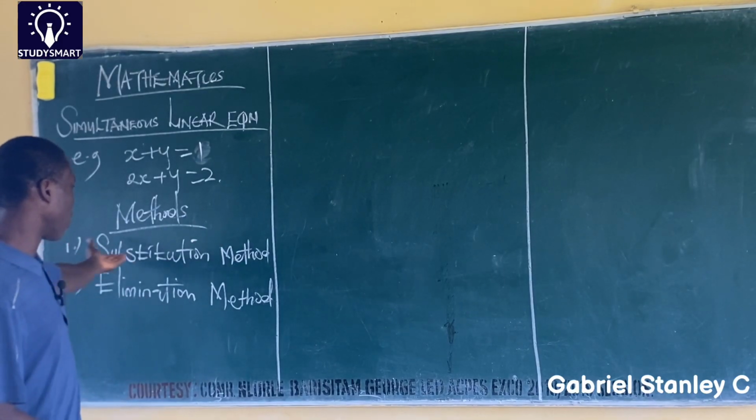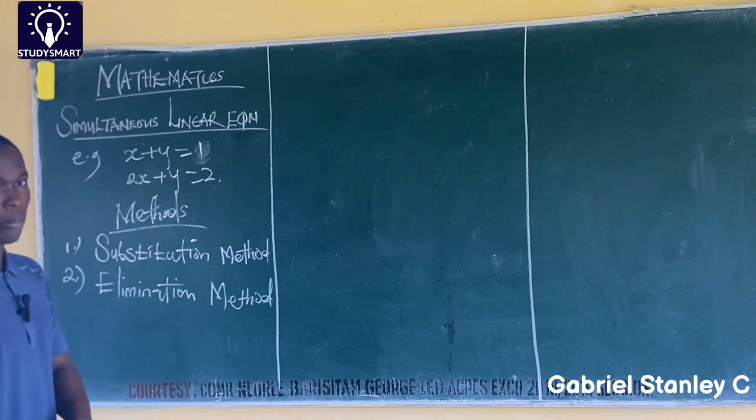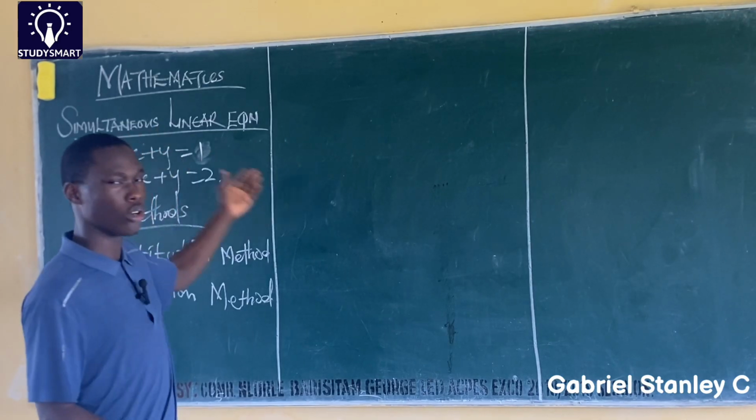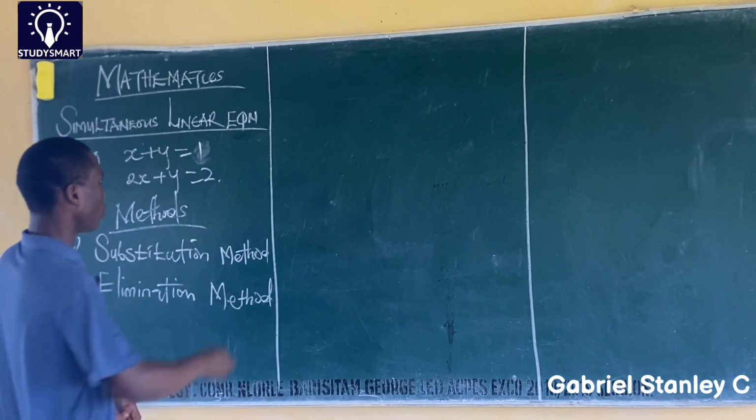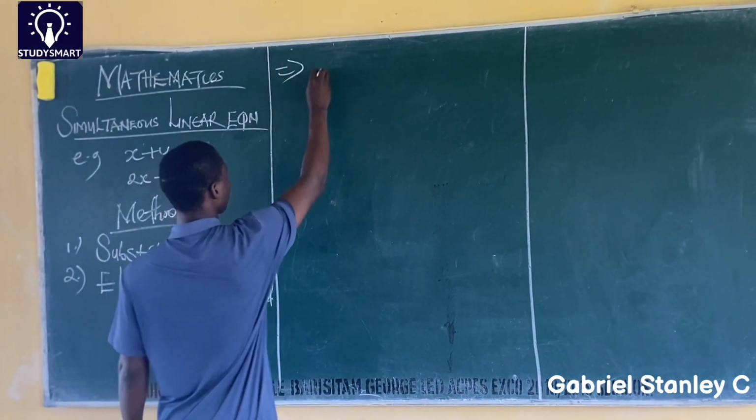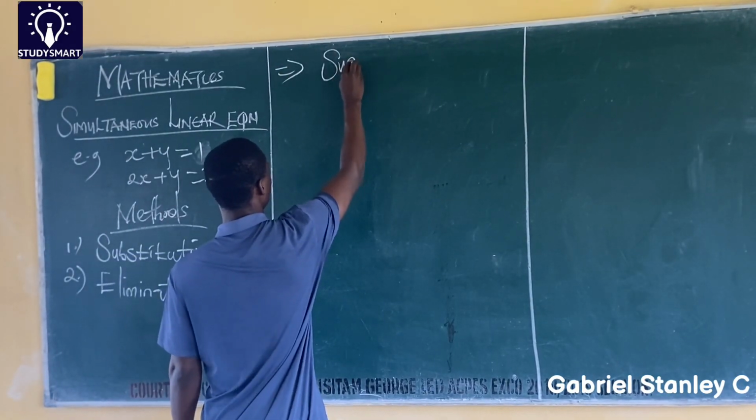We are going to be talking about how we can use the substitution method to solve a simultaneous linear equation, and how we can apply it. So let's start with the first one, the substitution method.